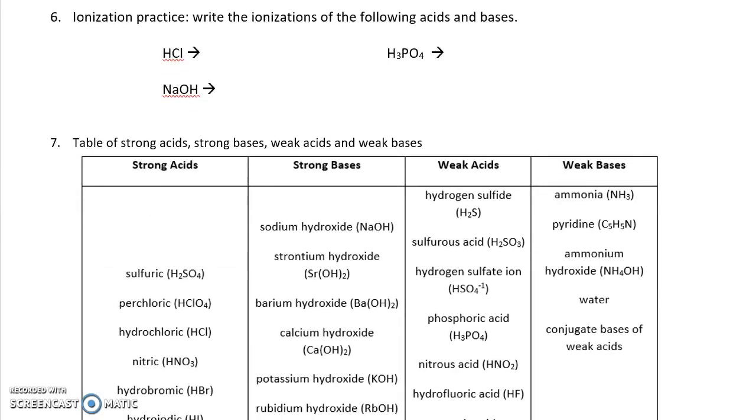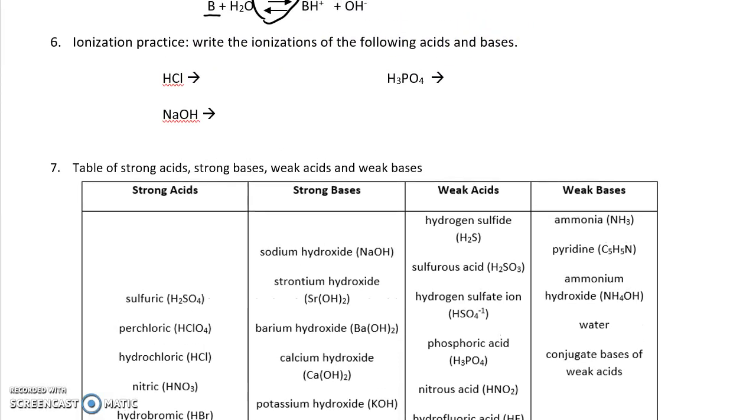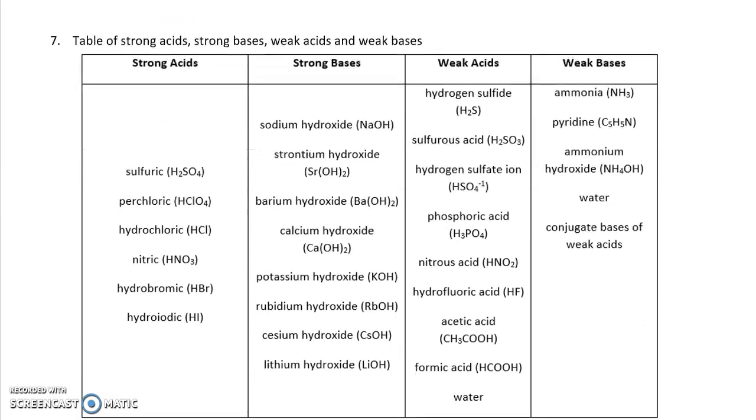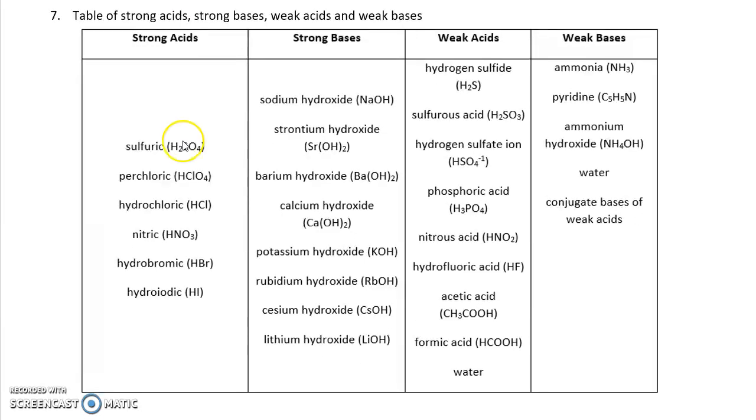So if I look through these examples, write the ionizations of the following acids and bases, I need to first recognize if they're an acid or base and if they're strong or weak. So I look at this table here and I'm saying, okay, strong acids are listed here. Notice they all pretty much start with H. The strong bases are listed, and pretty much all have hydroxide at the end when you look down through all their formulas. Weak acids, there's a bunch of them listed here.